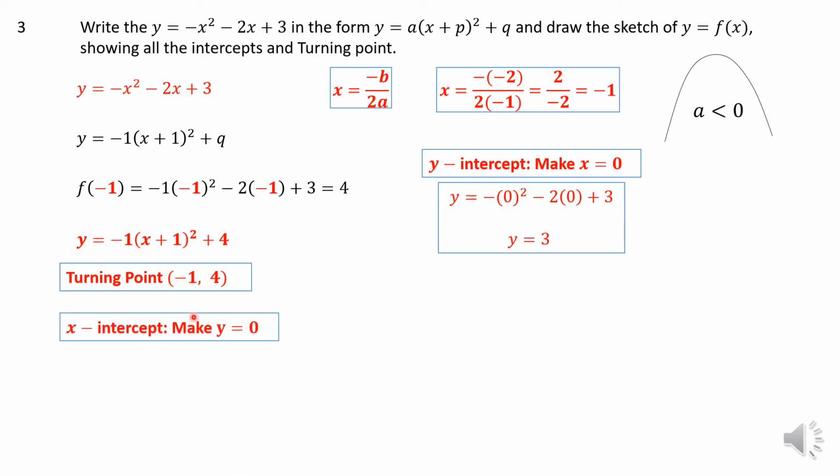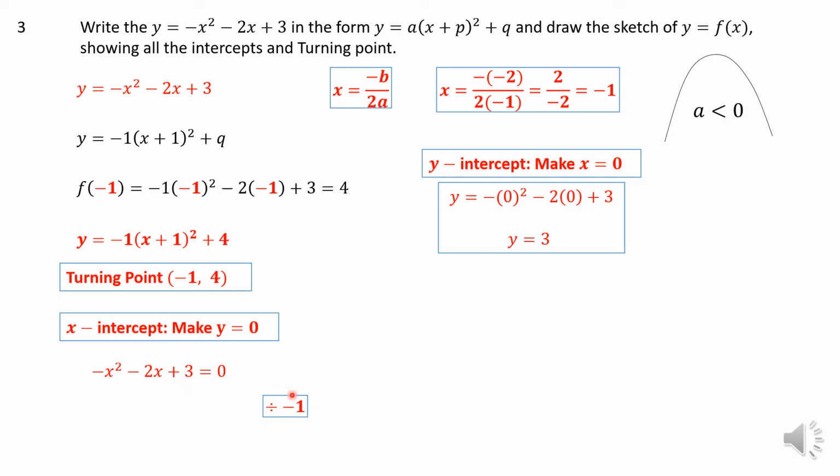In order for me to find the x-intercept, I need to make that an equation where y equals 0. So what I'm left with is to solve this particular equation. I have a minus here in front of the x squared, so I'm going to divide each term by -1, or multiply by -1.